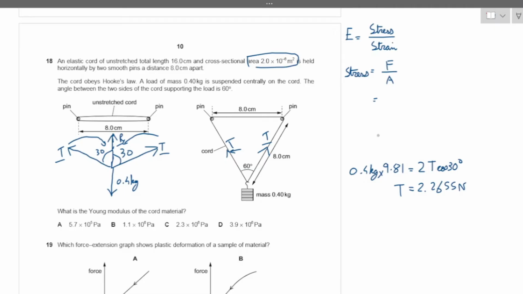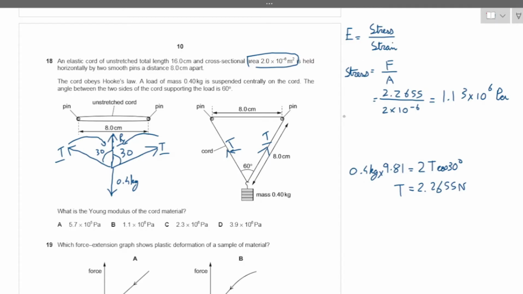That would be the tension, or the force acting in the cord. 2.2655 over 2 × 10^-6. Make sure units are the same; in this case, they are. So we just directly divide them, and we get our answer as 1.13 × 10^6. That is the stress, in pascals.